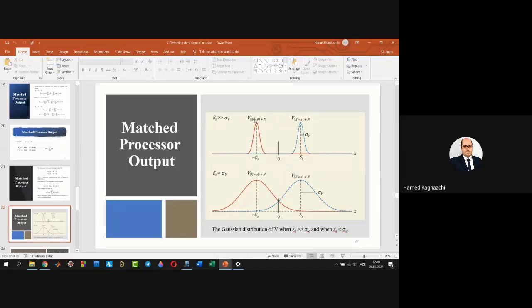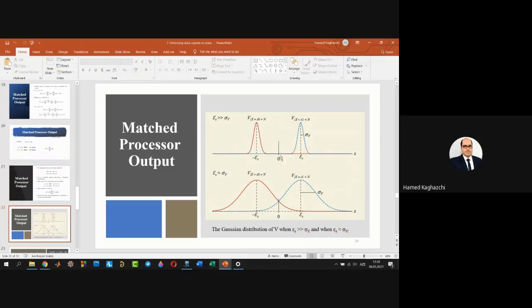Look at here, V is noisy, and this V is also noisy. But because the energy of the signal is bigger than the standard deviation of the signal, this section is a standard deviation. Using 0 for the threshold, I can detect the 0 and 1.